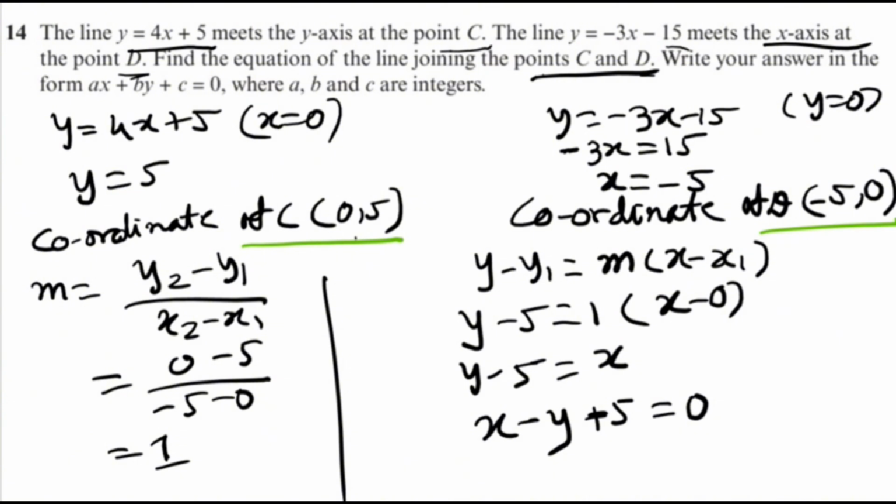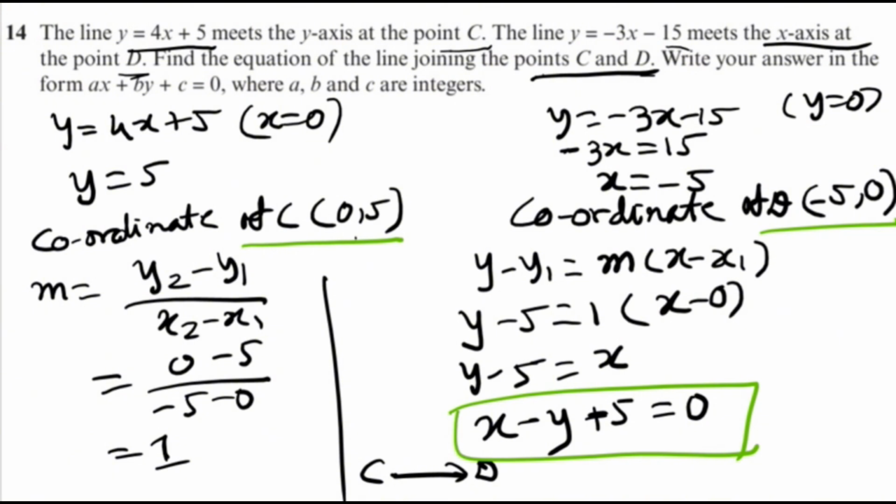So the equation of the line that joins point C to point D is x minus y plus 5 equal to 0. So in this type of question, first find the coordinates of point C and point D, and then you can use the gradient and the normal equation of line.